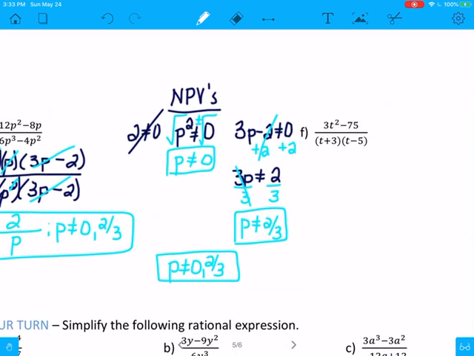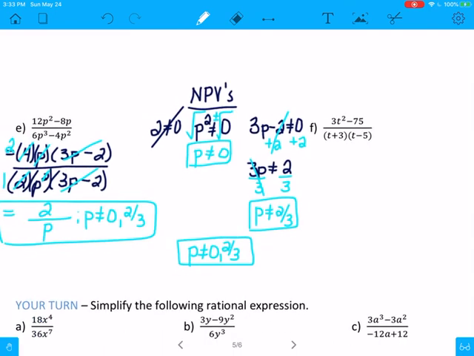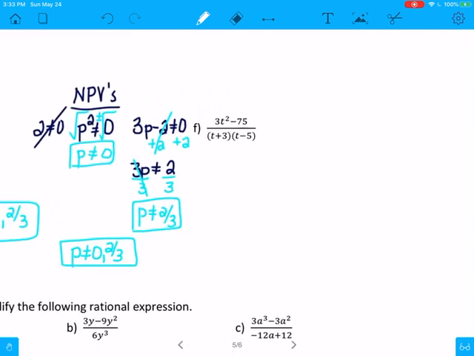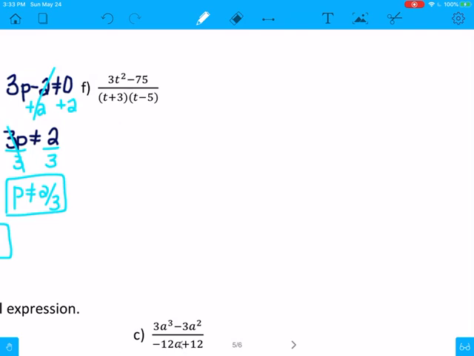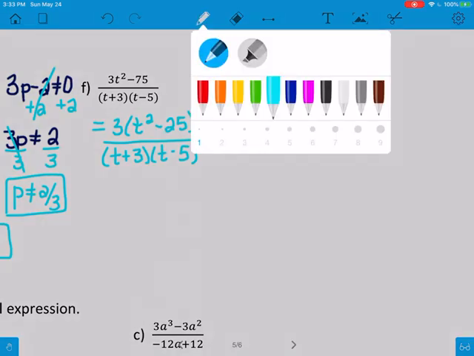Okay. For f, the bottom is already factored. The top, I can take a GCF of 3 out. When I take a 3 out, I'm left with t squared minus 25. And then on the bottom, I have t plus 3, t minus 5. The top is actually a difference of squares. This right here.